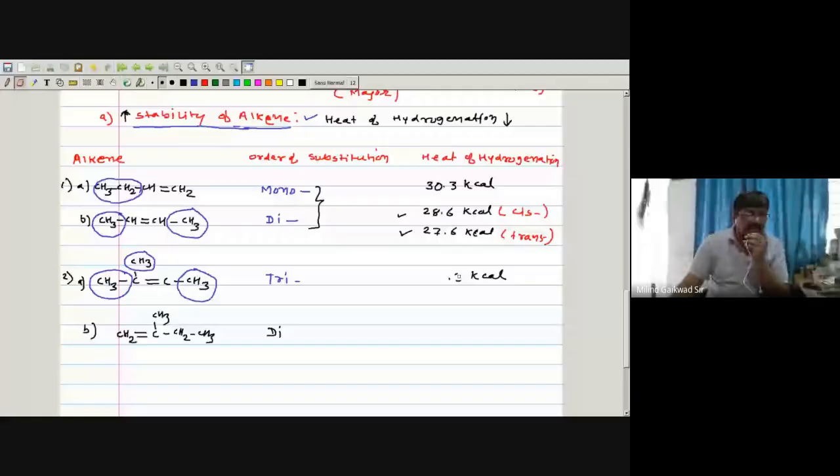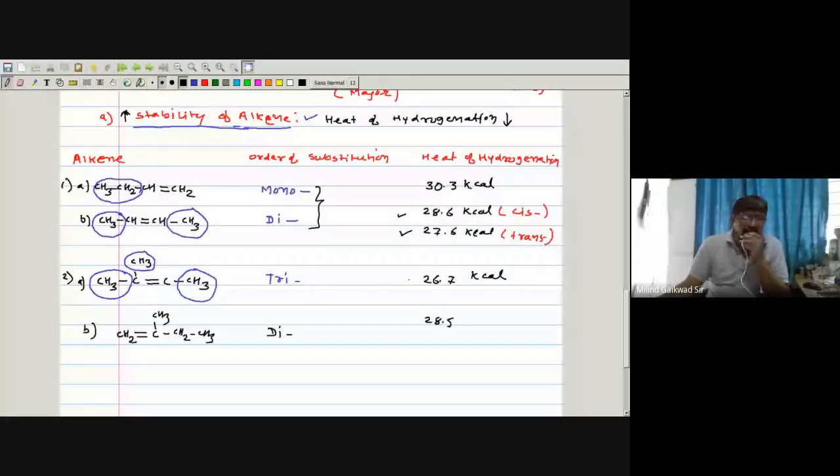It is 26.7. And if you see this other di, you will see that the heat of hydrogenation for this one is 28.5. So from this experimental data, you may say that the lower the heat of hydrogenation, the more is the stability.